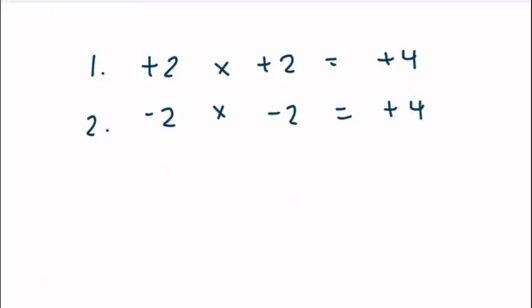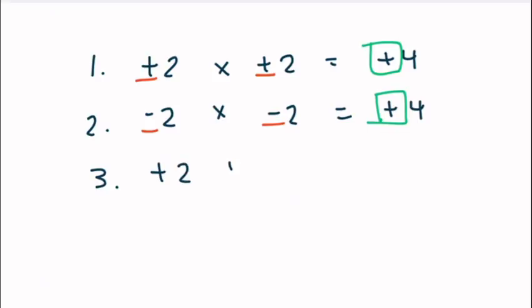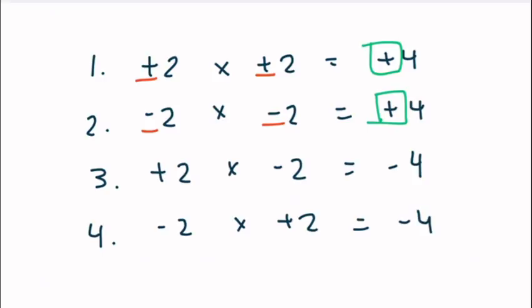As you can see here, same signs always equals positive. Our third rule was that positive 2 times negative 2 equals negative 4. And our fourth rule was just the opposite. Negative 2 times positive 2 equals negative 4. So for these last 2 rules, positive times negative equals negative, or vice versa.